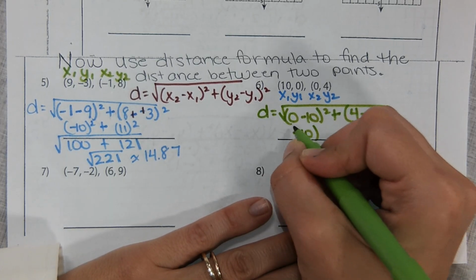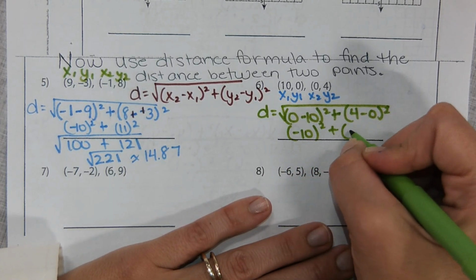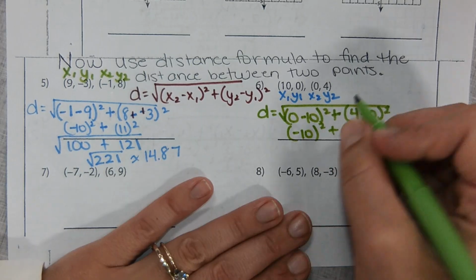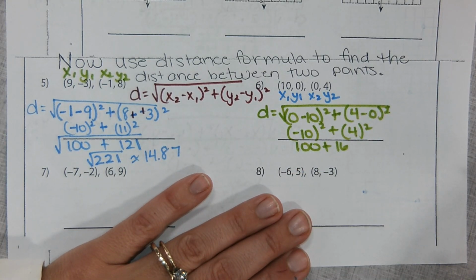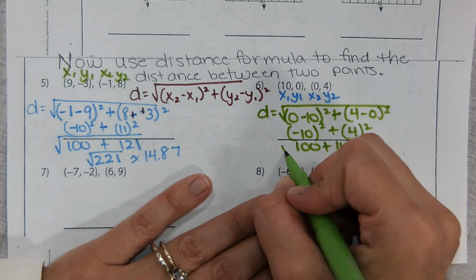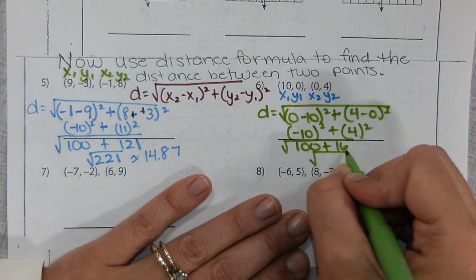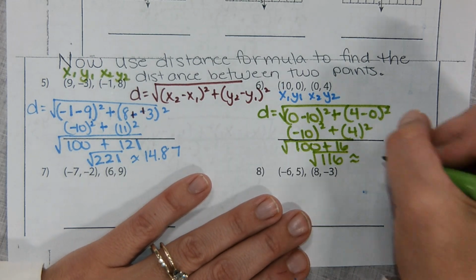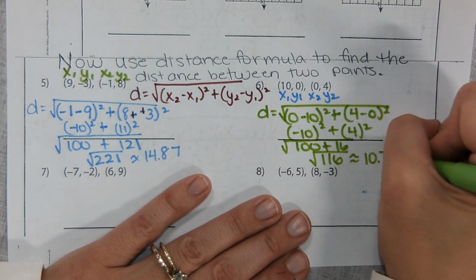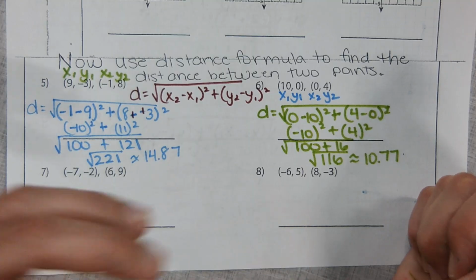If I'm going too slow and you want to work ahead, more power to you. I think you got 10.77. That is correct.